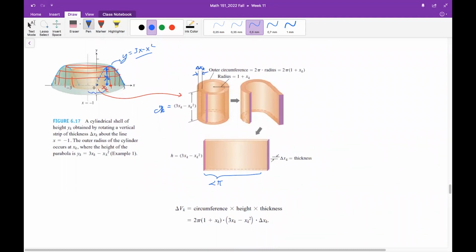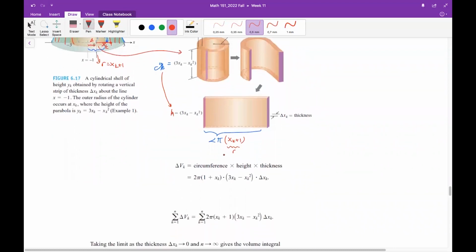So it is what? It is xk. From here to here, it is xk, and there is this fixed distance here. So the radius is xk plus 1. So 2 pi times the radius, which is given by xk plus 1.